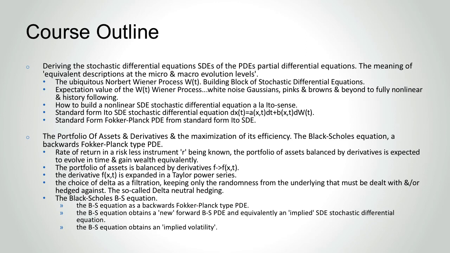There is another formulation by Stratonovich, but we will not really cover that. And then from that, we will talk about the partial differential equations that are equivalent descriptions, but on the macroscopic scale, on the statistic scale rather than the stochastic scale, of the system, or in this case, an underlying fluctuating priced stock.